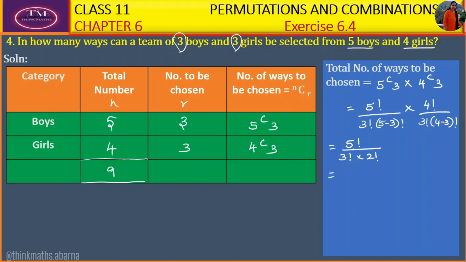So how to write this 5 factorial? Wait. We have another one. It is 4 factorial divided by 3 factorial, 4 minus 3 is 1 factorial.